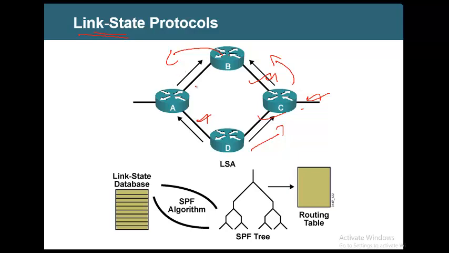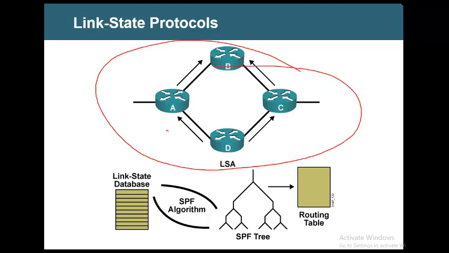Now A learns about this link, this link, this link, this link, and this link, and now A realizes, I am not only connected to B, I'm also connected via D. So we are in a circle. Not only A realizes, even D will also realize when that advertisement comes down. So every router now learns the complete topology. Every router will have this picture in their memory now.